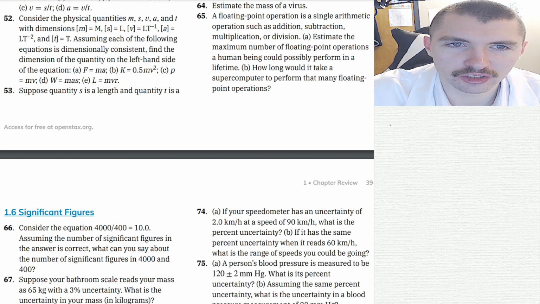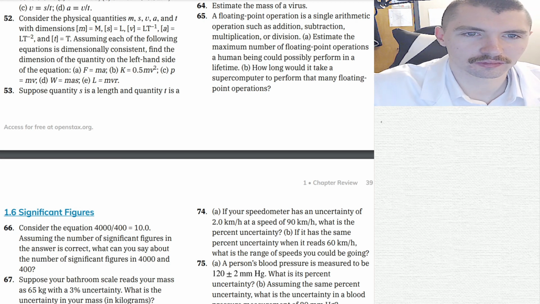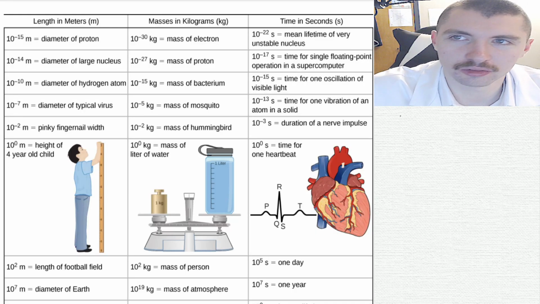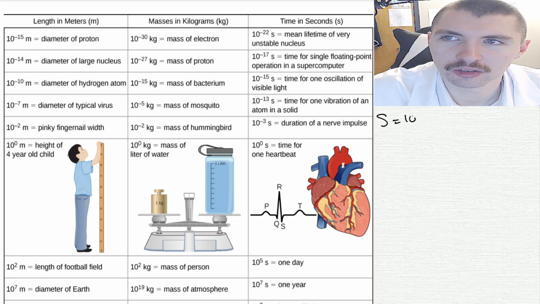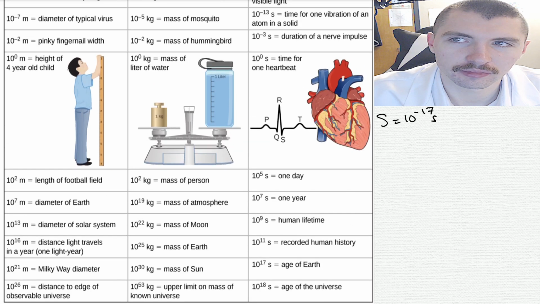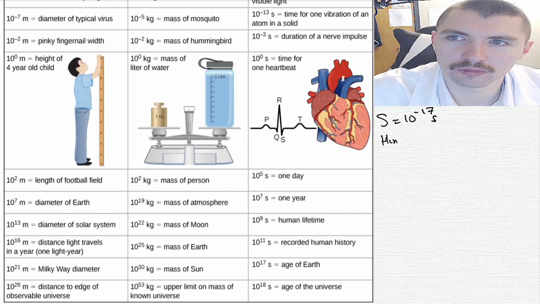A floating point operation is a single arithmetic operation. So a supercomputer does 10 to the 17 operations per second. Human lifetime is 10 to the 9 seconds.